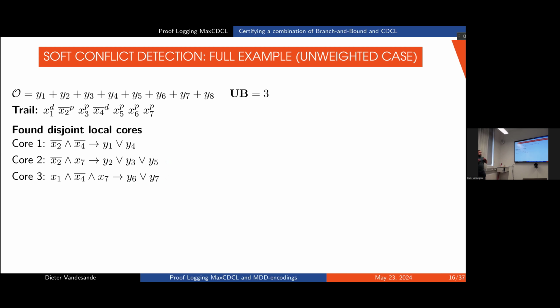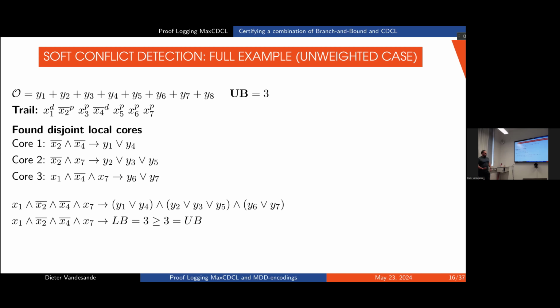So let's assume now that in the same way another core was found, namely this one. So given the current partial assignment, y6 or y7 needs to be true. So that means, given the current partial assignment, y1 or y4 needs to be true, y2, y3 or y5 needs to be true, and y6 or y7 needs to be true.